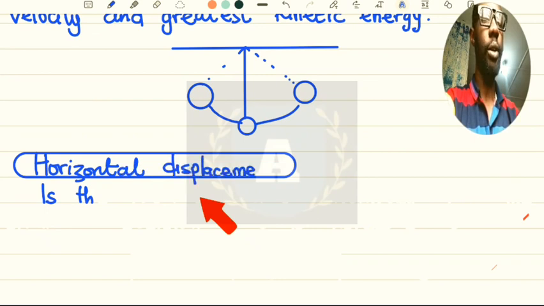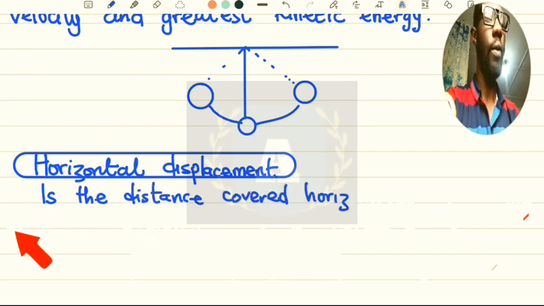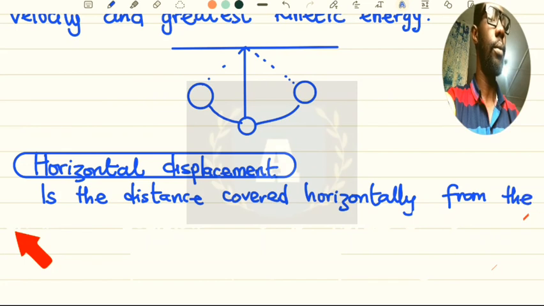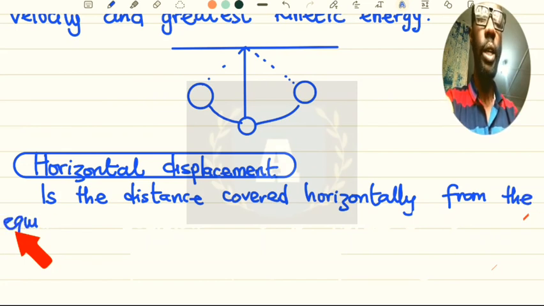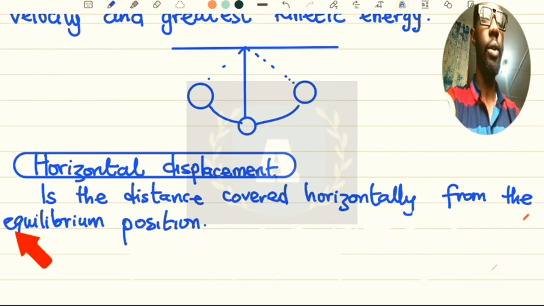Now the third terminology is displacement, and that is defined as the distance covered horizontally from the equilibrium position. It is known as the horizontal displacement.